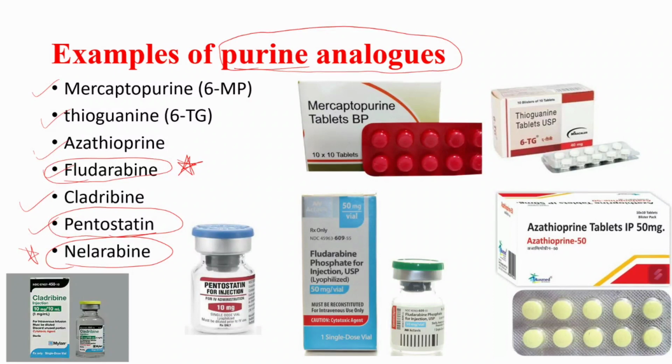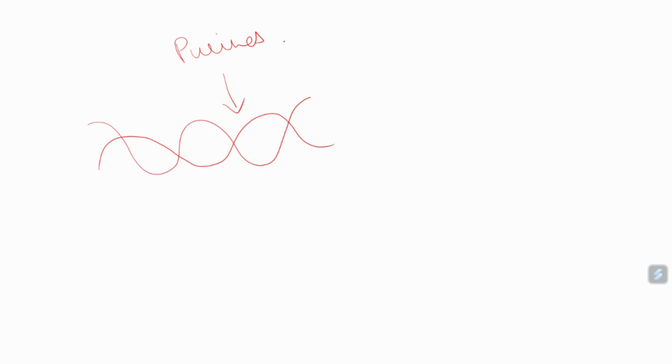You should always remember, just imagine this is a DNA. This DNA is formed from the bases, purines and pyrimidines. These bases are the building blocks of DNA and RNA.